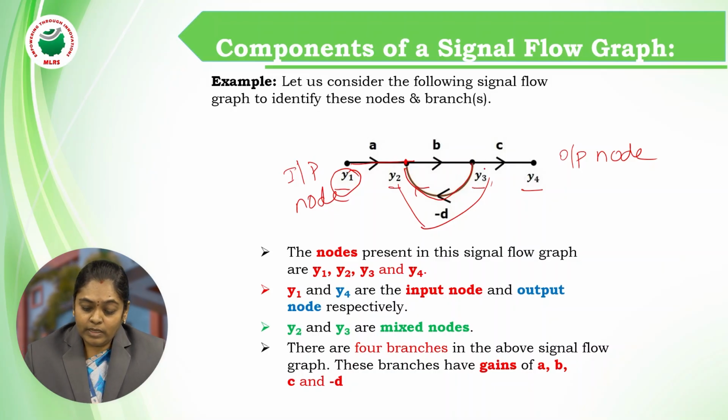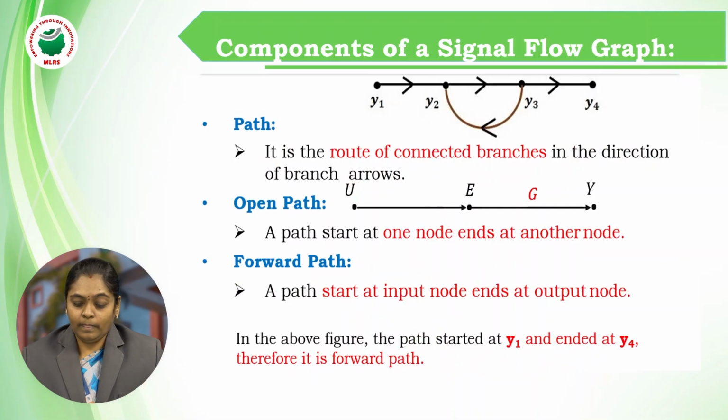And if you observe here, this is a branch. On this branch there is a direction. This direction itself indicates the signal is now flowing from y1 to y2, and along with this you are having a gain. The gain between y1 and y2 is A. So in this example of this signal flow graph, there are gains which have been represented with A, B, C and minus D.